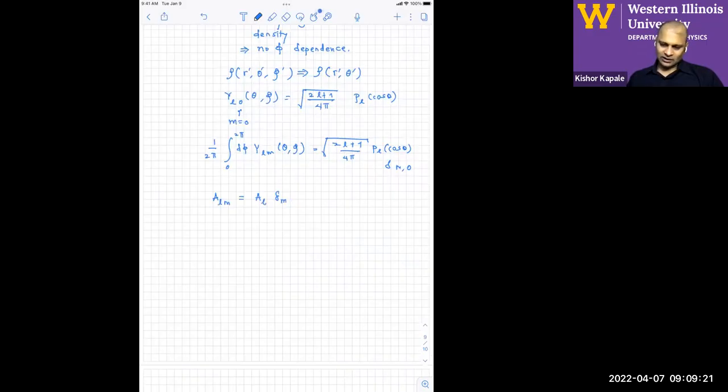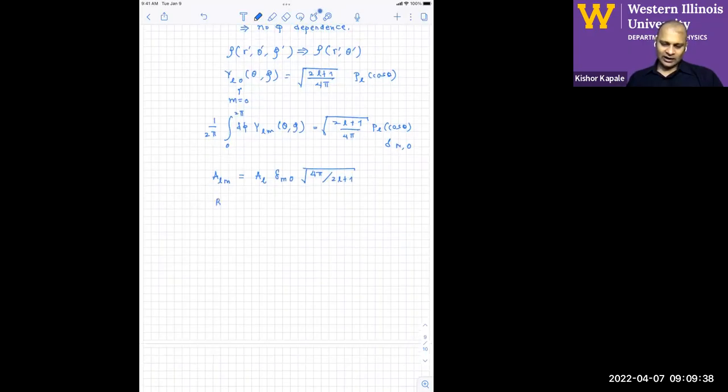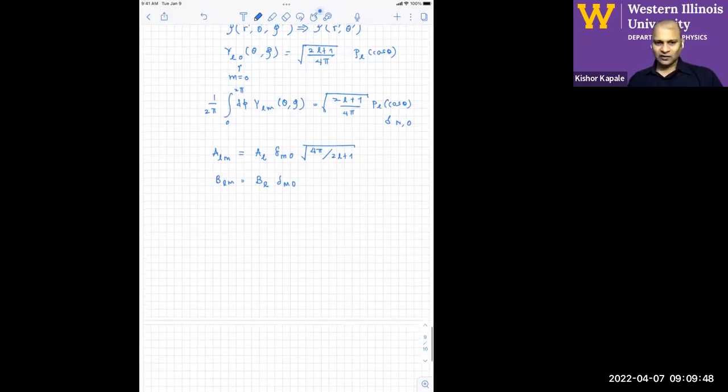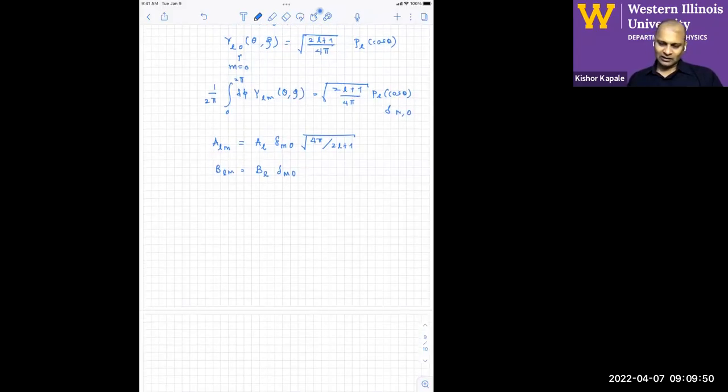And the coefficient, this 2L plus 1 over 4 pi that comes out of that integral, needs to be carefully carried over, and it just comes in the reciprocal here. And then BLMs would have something similar. Now, because M is 0, you only have to carry one index for the azimuthal moments, AL and BL.